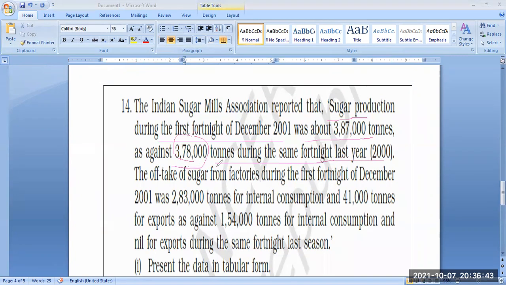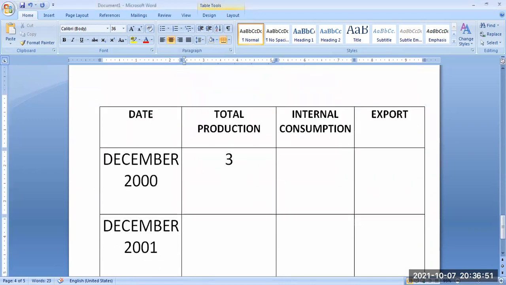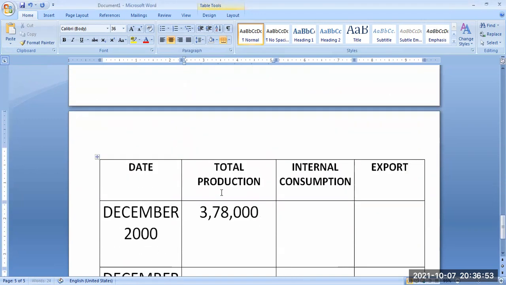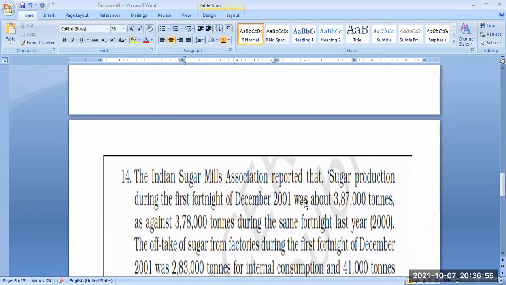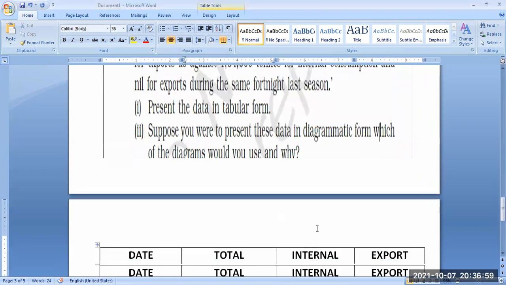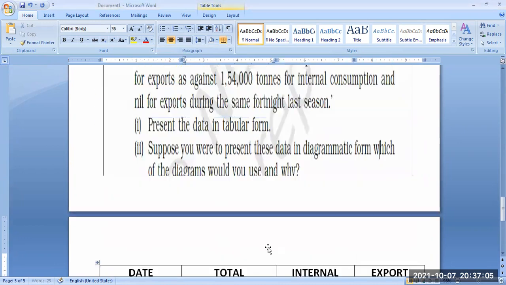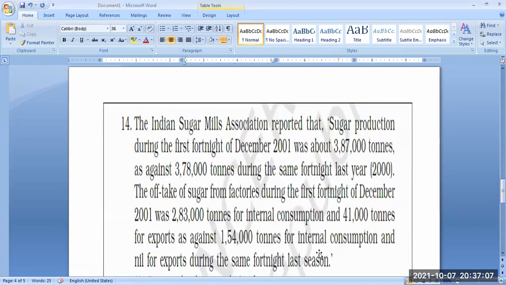So in the year 2000, the production is 3,78,000. During the next year, it was about 3,87,000. Are you able to understand what I am doing? Yes, sir.